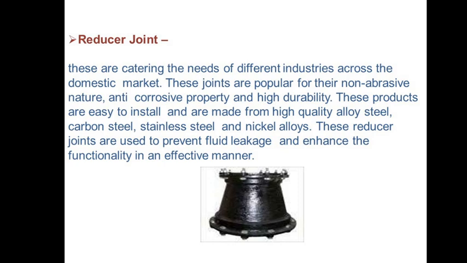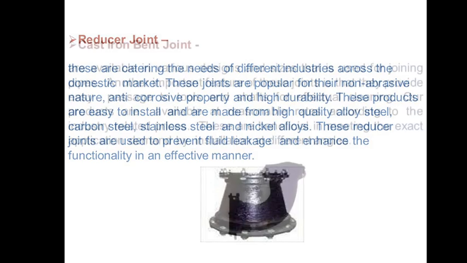These joints are popular for their non-abrasive nature, anti-corrosive property, and high durability. These products are easy to install and are made from high-quality alloy steel, carbon steel, stainless steel, and nickel alloys. These reducer joints are used to prevent fluid leakage and enhance functionality in an effective manner.